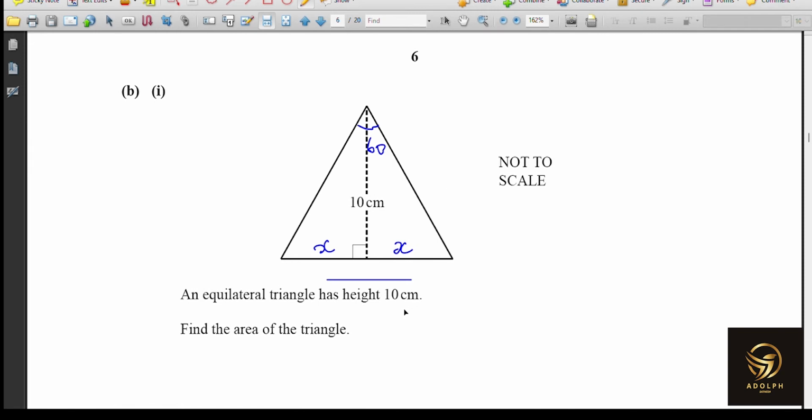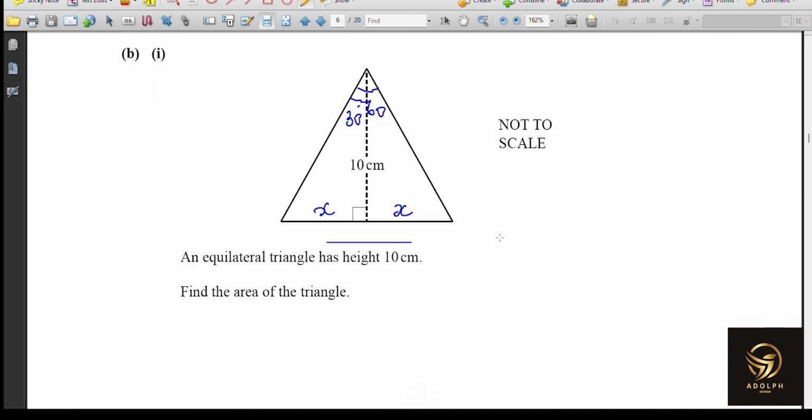It's a right angled triangle, so this side is 10 centimeter, and I know this angle is 30 degree, because of the total 60 degree I'm only going to take this part, that is the right angle part. So for the 30 degree, the opposite side is x and the adjacent side is 10, so I'm going to use the trigonometric ratio tan theta equals opposite by adjacent.